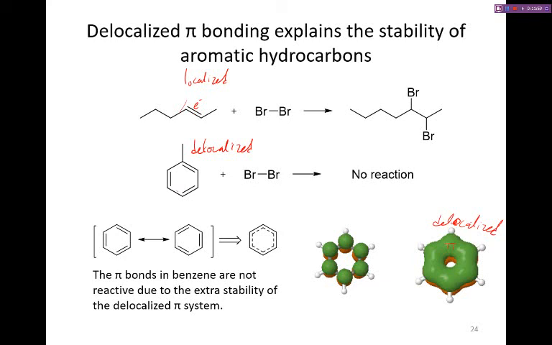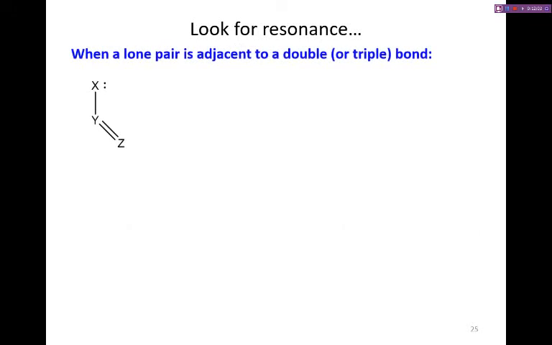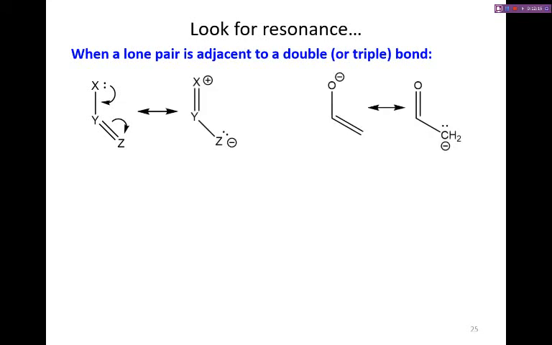So, we've talked already about how you find resonance. We've talked about resonance as the pattern of looking for a lone pair adjacent to a double or a triple bond, where those electrons could be thought of as moving between them, as in this molecule represented there.